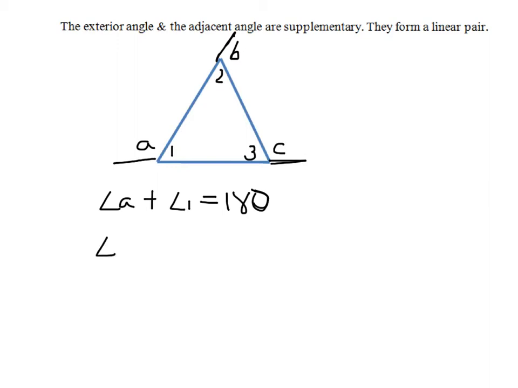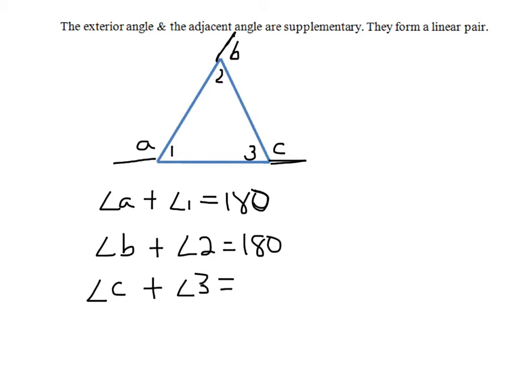Likewise, angle B plus angle 2 equal 180, as well as angle C plus angle 3 equals, any guesses? No, not 90 degrees. It'd be 180 degrees.